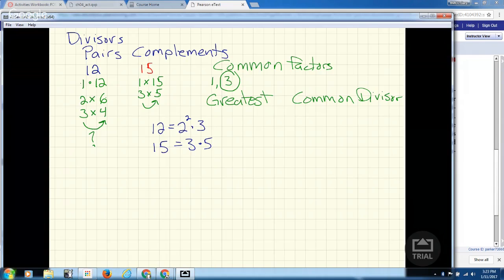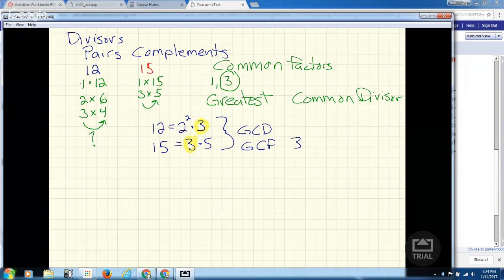So let's see, they don't have a 2 in common, but they have a 3 in common. Okay, and that's it. All right, we'll look at a more interesting case in a minute. So the best I can say for the greatest common divisor, sometimes it's called the greatest common factor, is that it appears to be 3.